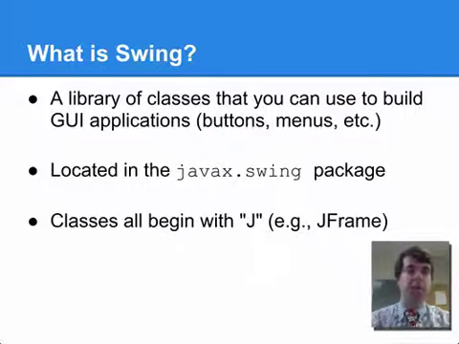You can probably find a Swing class in order to let you do that. They're all located in this library called javax.swing, so you're going to be importing that into almost every Swing app that you write. And you can tell which ones are the Swing classes when you look in the documentation because they all begin with the letter J. So JFrame, JButton, JLabel, those are all Swing classes.